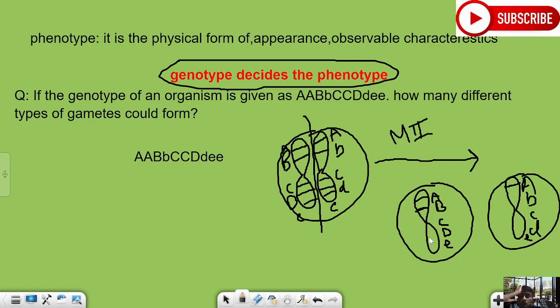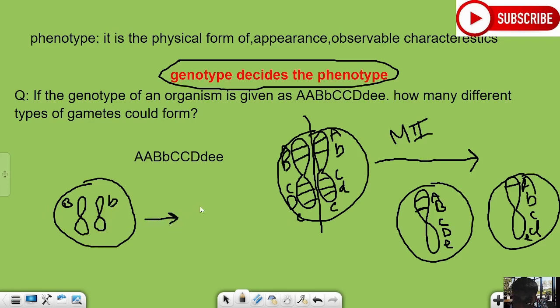Look, here you can see two equal cells are formed, but the genes while meiosis have been split. According to our question, if I am taking a cell with only a single gene, an example of a single gene B, here it is B and here it is small b.